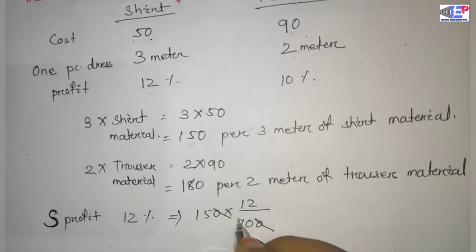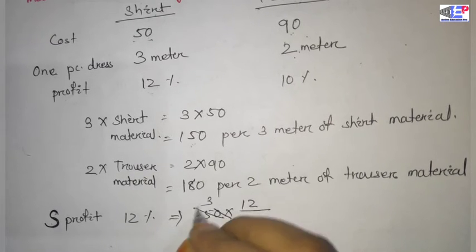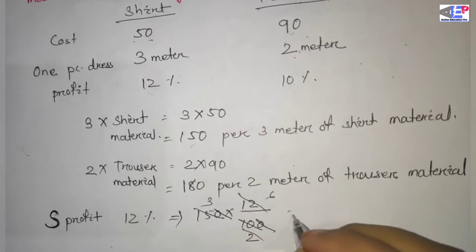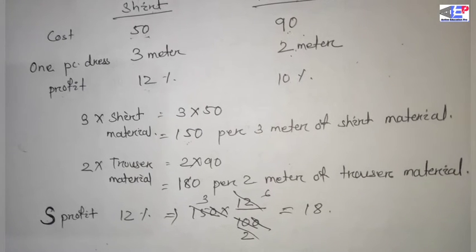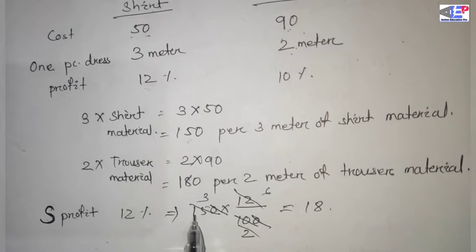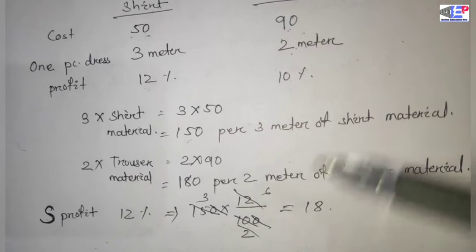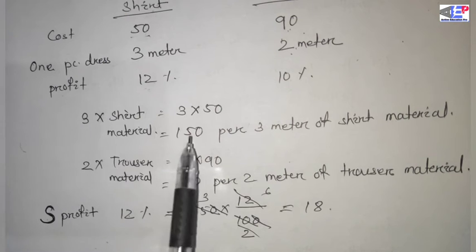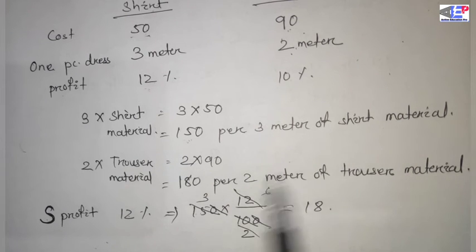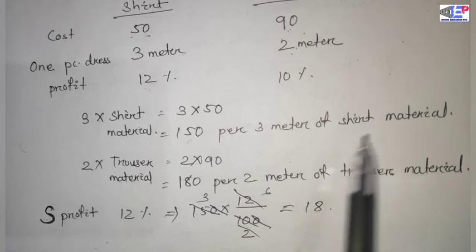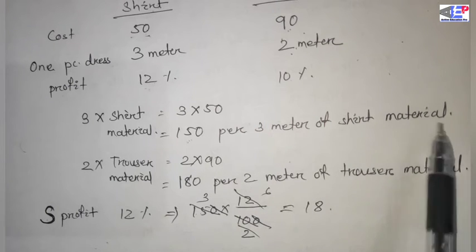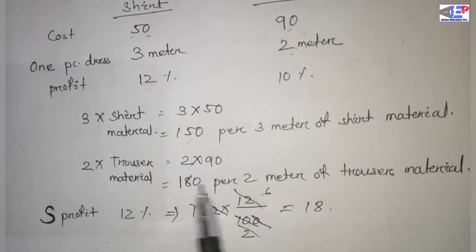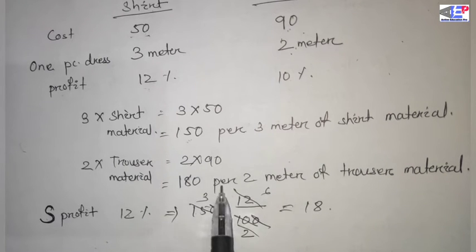The zeros cancel, 2 threes are 6, and here the profit is 18 rupees. 12% of 150 rupees. Here I calculate all this for one pair of school uniform. One pair requires 150 rupees of shirt material and 180 rupees of trouser material, because 3 meters of shirt material means 3 into 50, which is 150, and 2 meters of trouser material means 180 rupees.